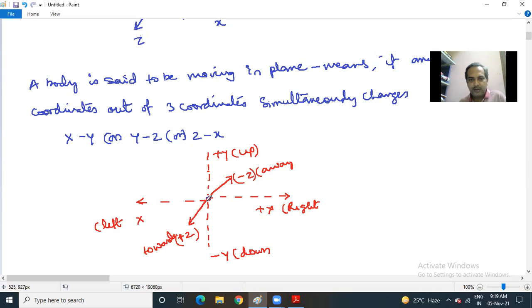So it means when a body moves in a plane, maybe the motion of the body is limited to only the xz plane. xz means what? Positive xz. Maybe positive zx. Positive zx means like this, you can draw. Positive xz means you can draw like this.